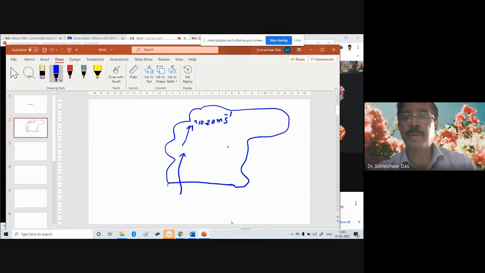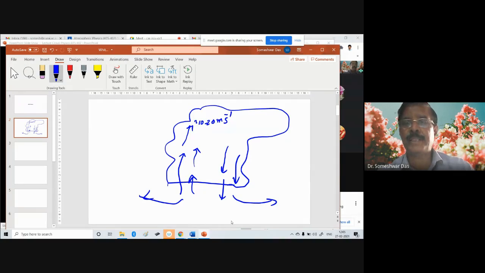The downdrafts are much weaker, and their speed is approximately, depending upon how mature the cloud is, about 4 to 5 meters per second.